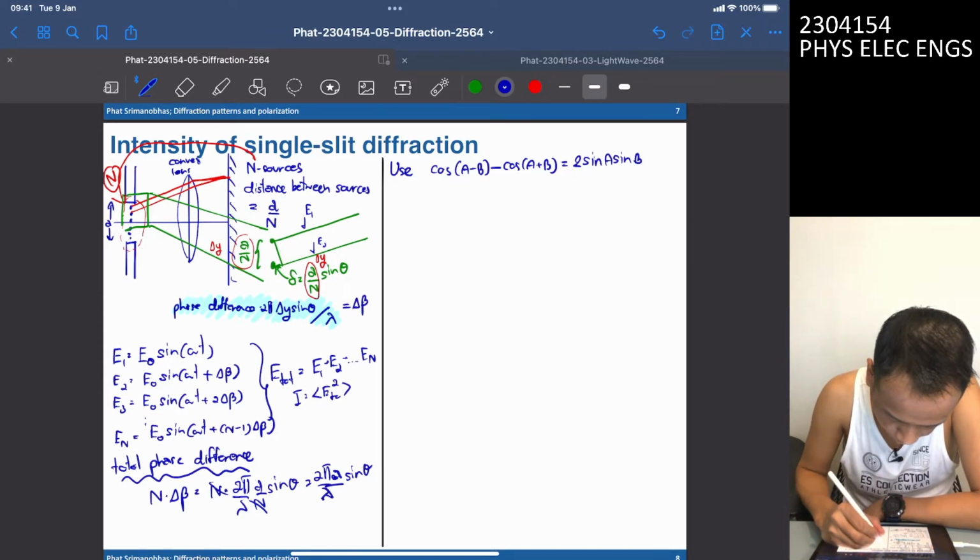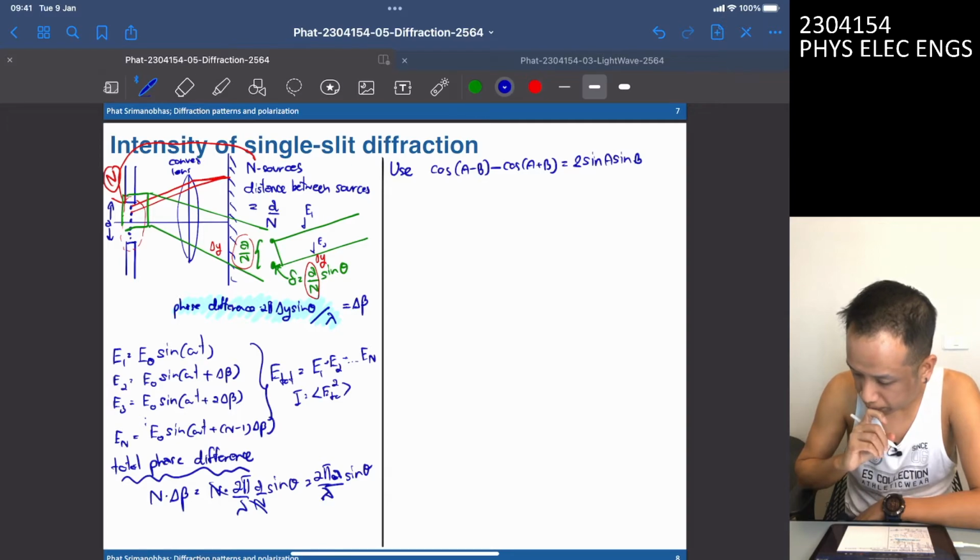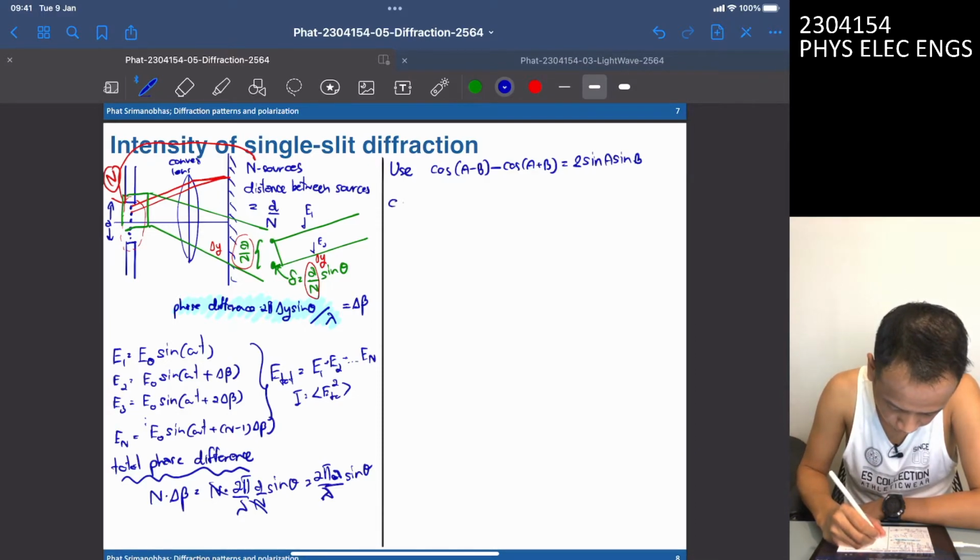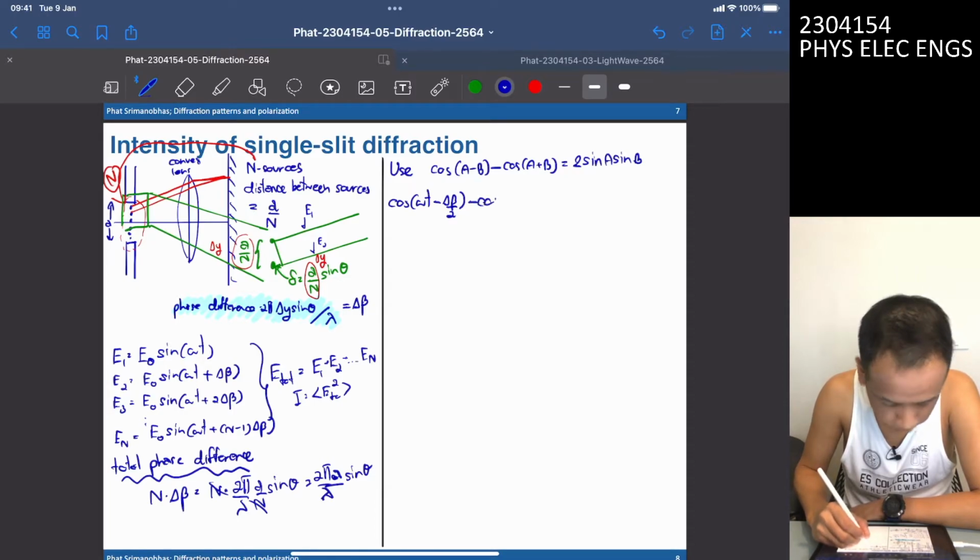We first start with cosine of omega t minus delta beta over 2, then minus cosine of omega t plus delta beta over 2.